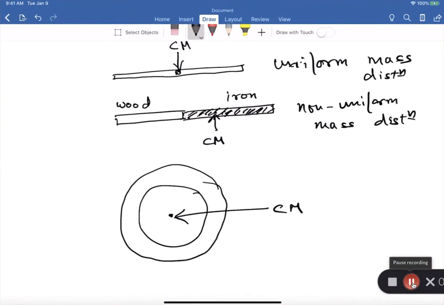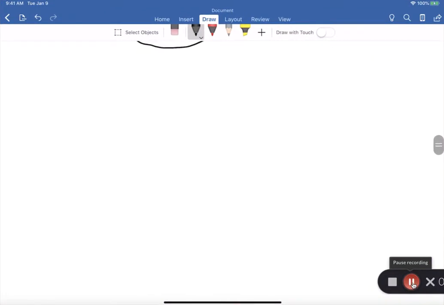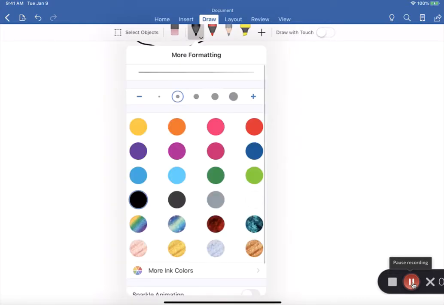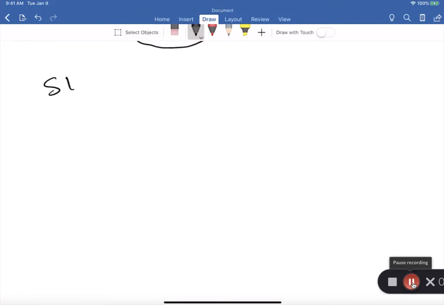All right. So what do we have? So this is the problem on slide 31. What we are given is the masses of all the particles. So all of the particles have the same mass. So M1, M2, and M3 are all the same. They're all equal to 1 kg.